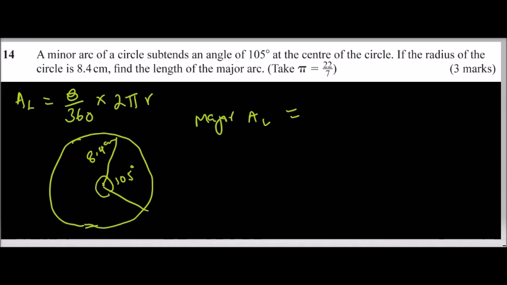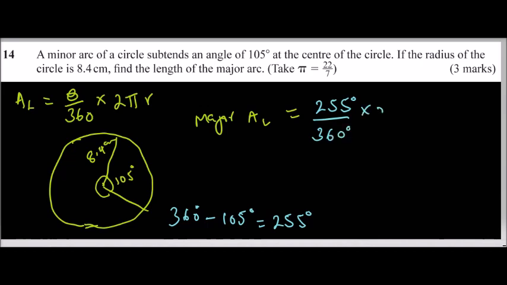This angle is 360 degrees minus 105 degrees, which should give you 255 degrees. So the major arc length will be 255 degrees divided by 360 degrees, multiplied by 2, multiplied by pi, which we have been told to use as 22/7, multiplied by the radius, which is 8.4.